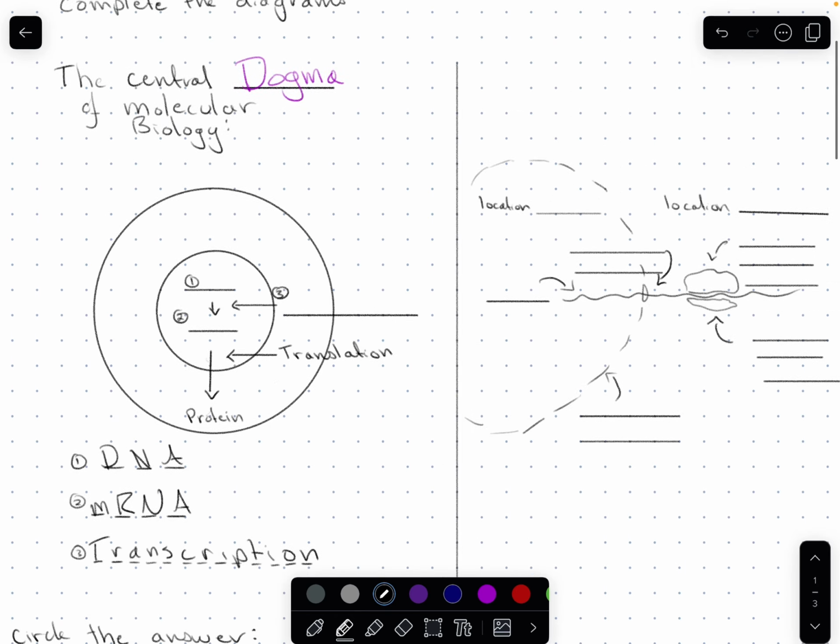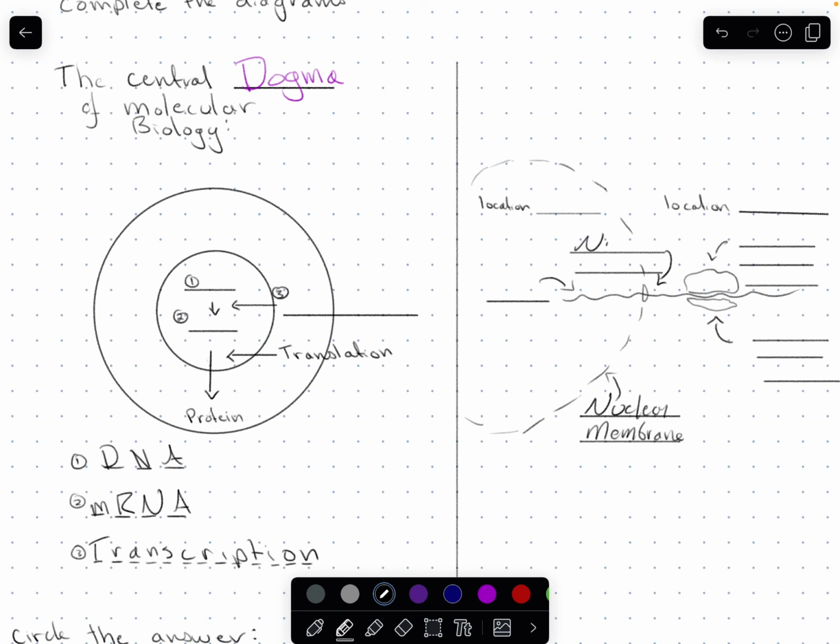Alrighty. Now, we also talked about a bunch of locations and items in that process. And so we'll fill out the diagram on the right here. We have our little nuclear membrane. That separates the nucleus from the cytoplasm. We have a little port in there that allows the mRNA to escape.